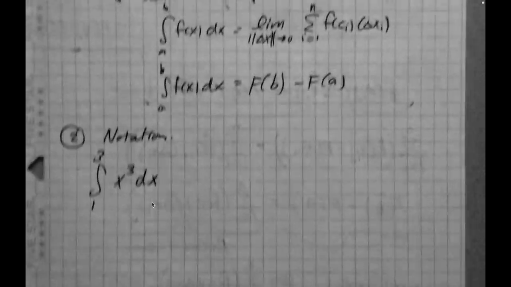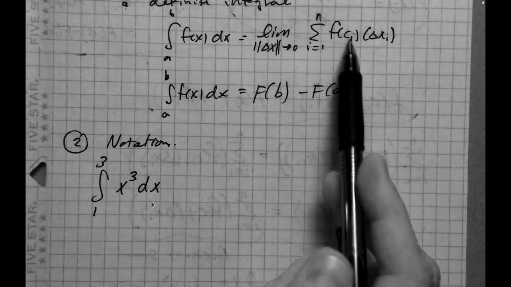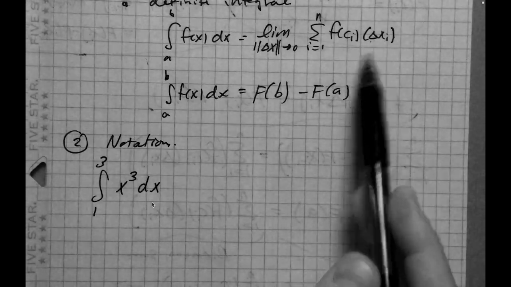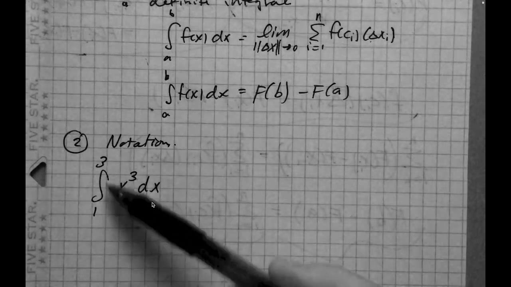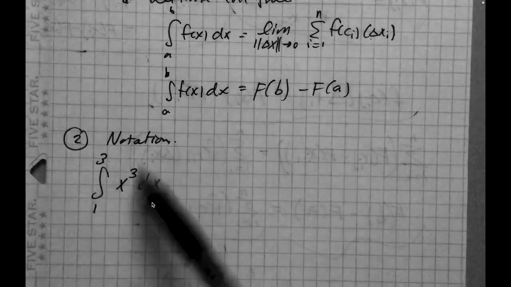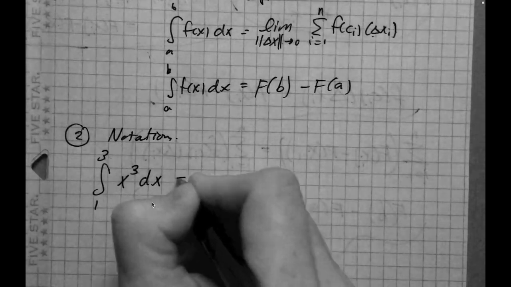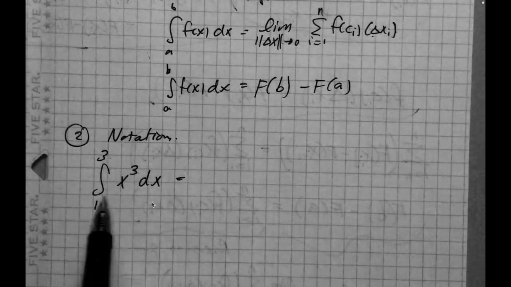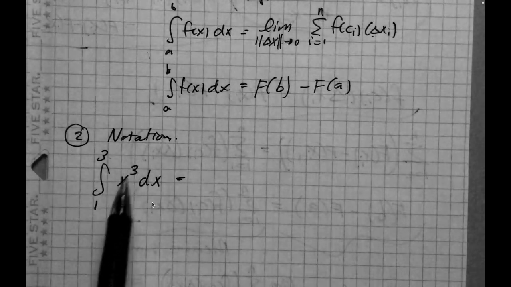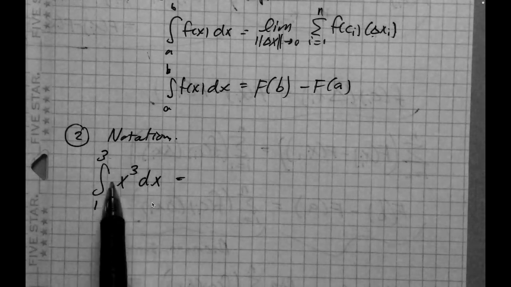Previously we would have had to go through this method, where we figure out what c_i is, plug that in, cube it, and figure out what delta x_i is, which is basically the bounds divided by n. We would have been able to do it, but it would have been a lengthy process. But if we think of this as an indefinite integral, we have a nice, concise formula for how to identify the general family of antiderivatives of x cubed.